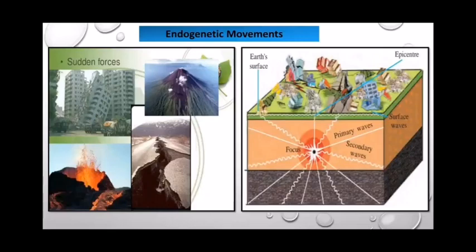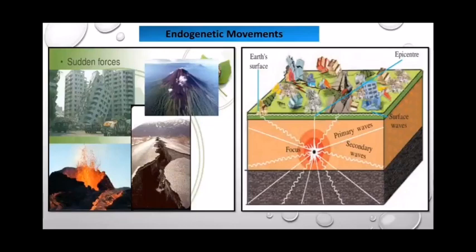So, for these to occur, there are seismic waves. That is the reason behind it. These waves are divided into three types: primary waves, secondary waves, and surface waves. You will be learning in detail about these waves in your 9th standard.